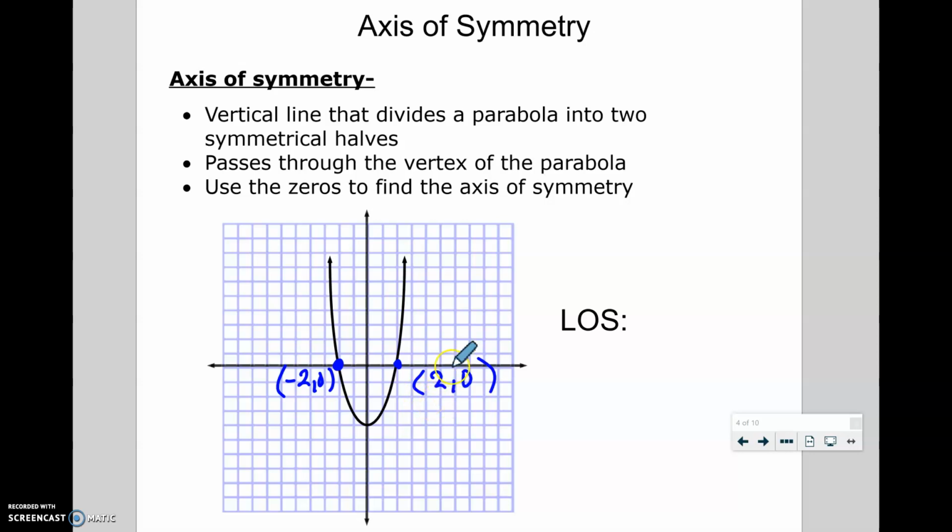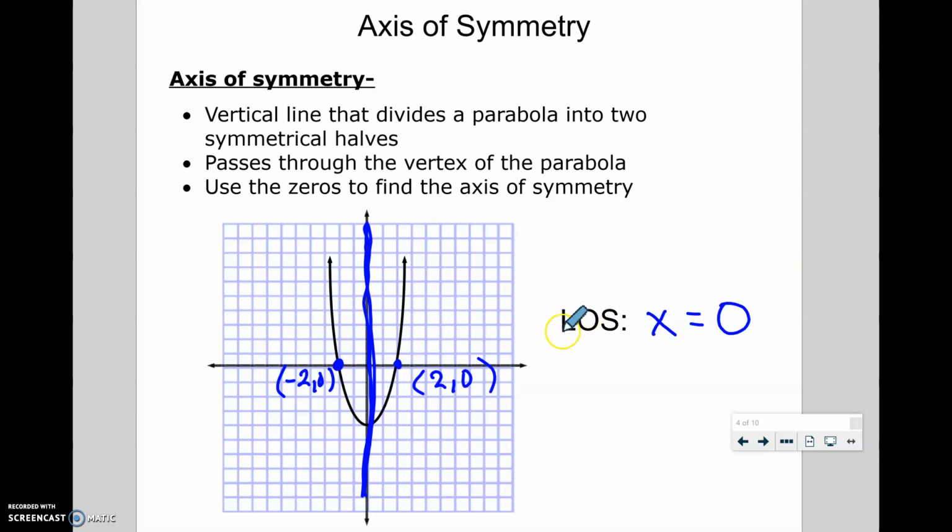Since it's a symmetrical parabola, I know that that line of symmetry has to be in the middle of these 2 zeros. So if I'm thinking from -2 to 2, that middle line, that axis of symmetry, is going to be at where x is equal to 0. So in this case, it's the origin.